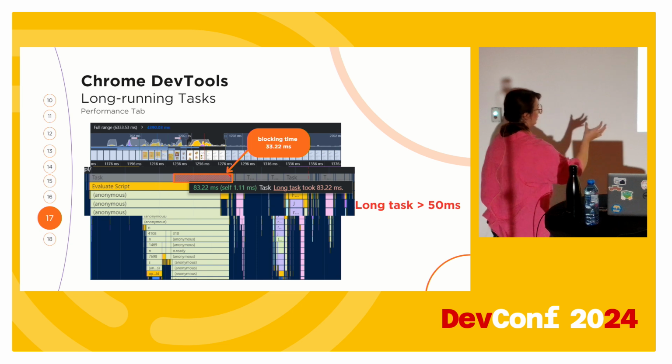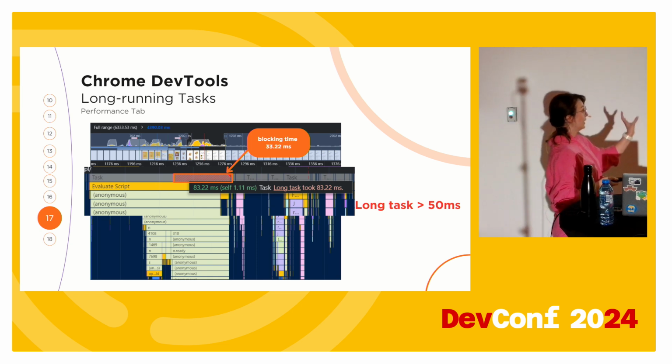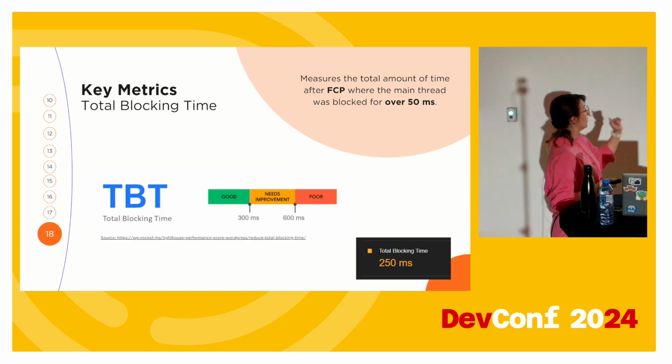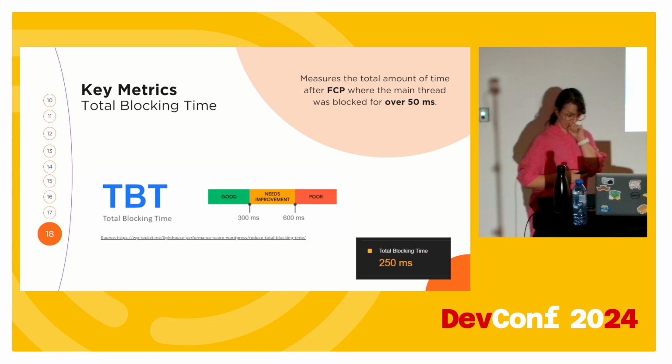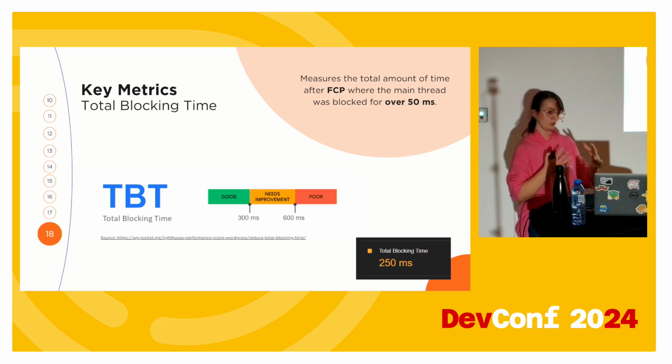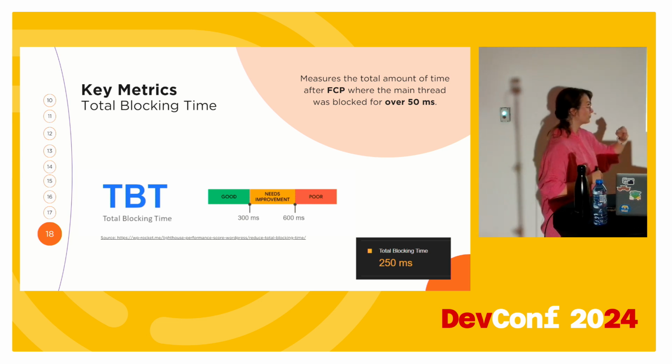And connected with blocking time is one more metric, total blocking time. This metric measures the time after FCP where the main thread was blocked.